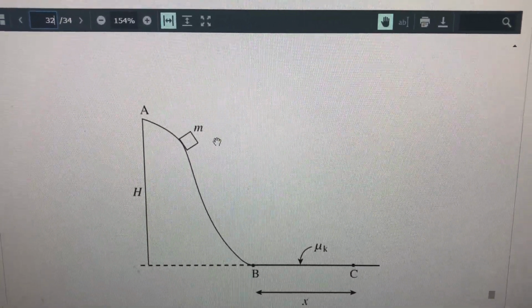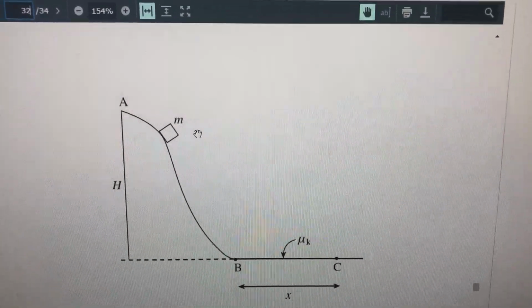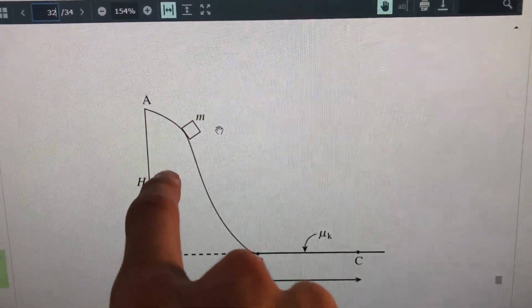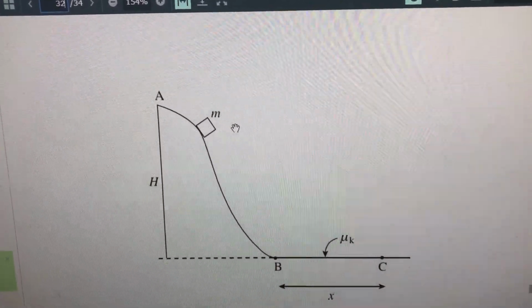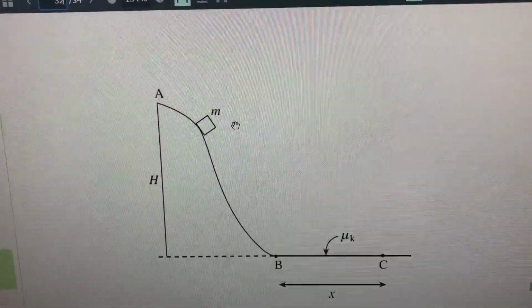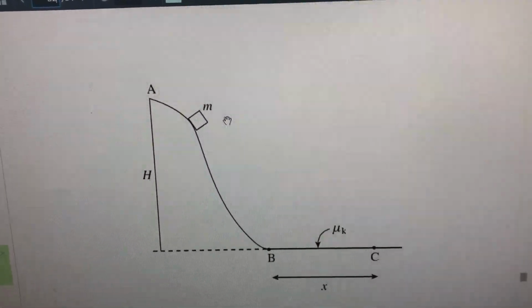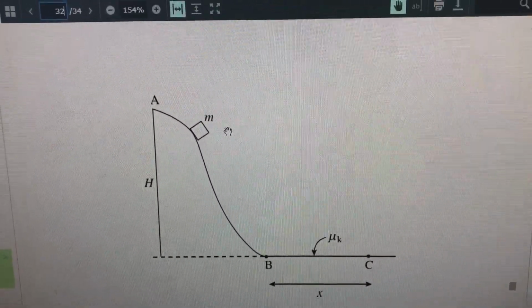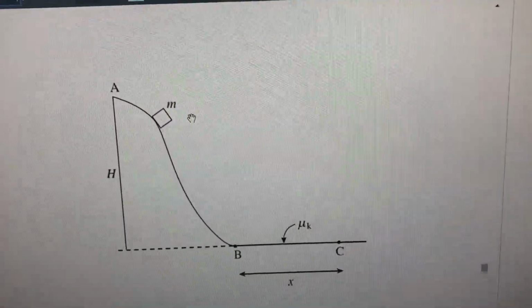And it has GPE but no kinetic energy because it's released from rest at A. At the point halfway between A and B, at 1/2 h, it's got some gravitational potential energy because it's still halfway up, and it's got some kinetic energy because it is moving.